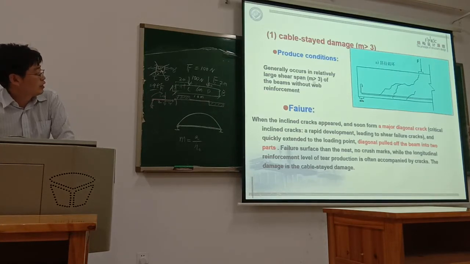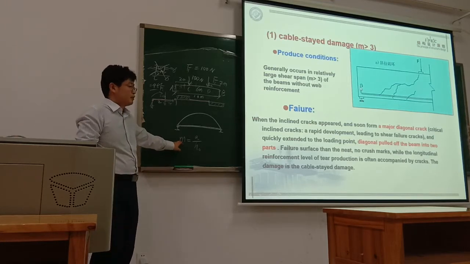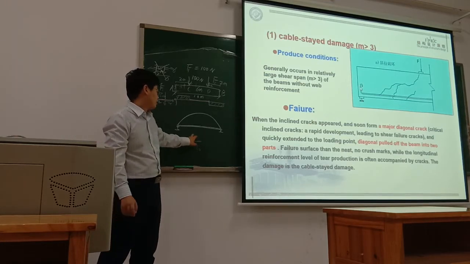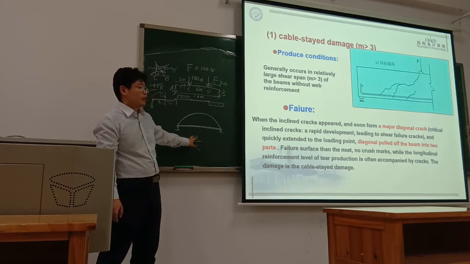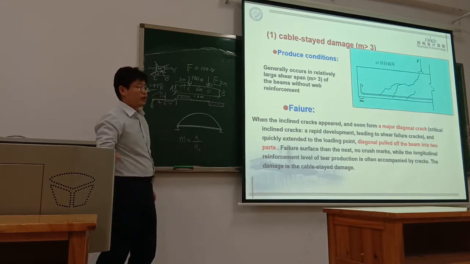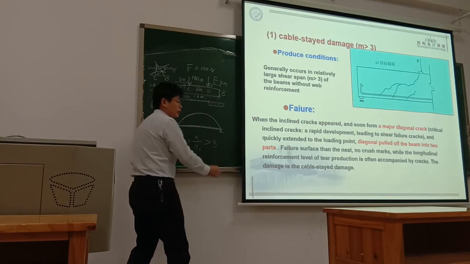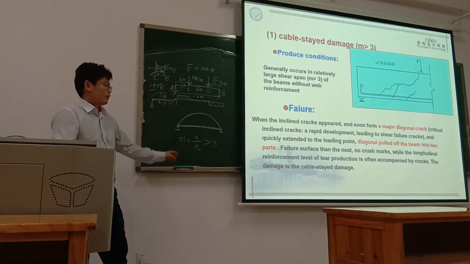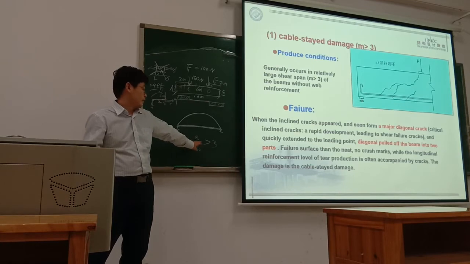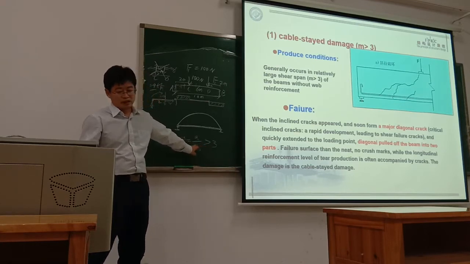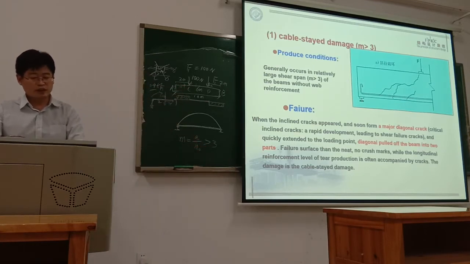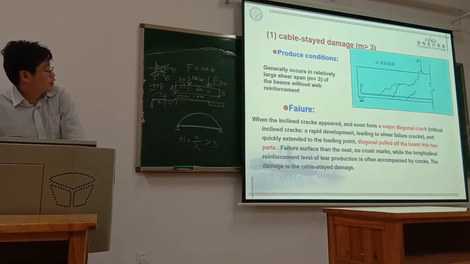If we calculate the shear span ratio m with the large a, normally we find that when m is larger than 3 we get this type of failure. It generally occurs with a relatively large shear span, m larger than 3.